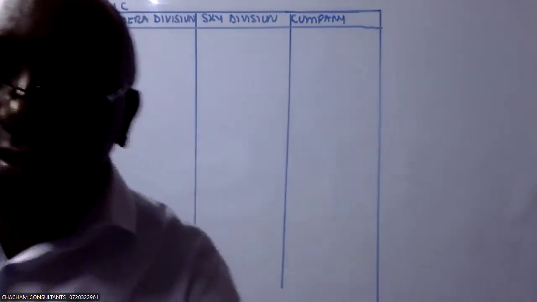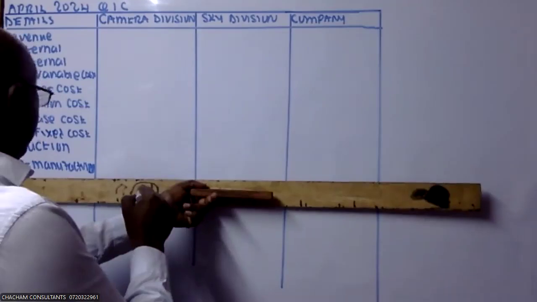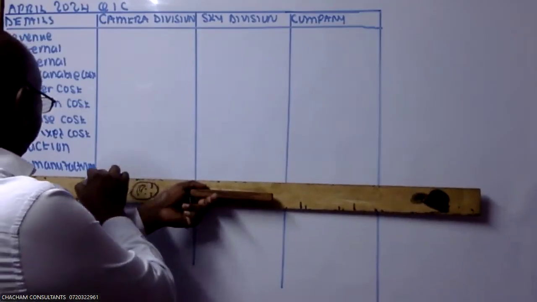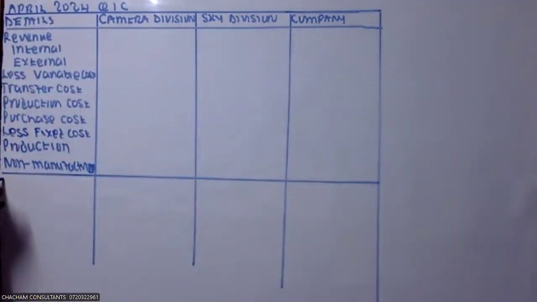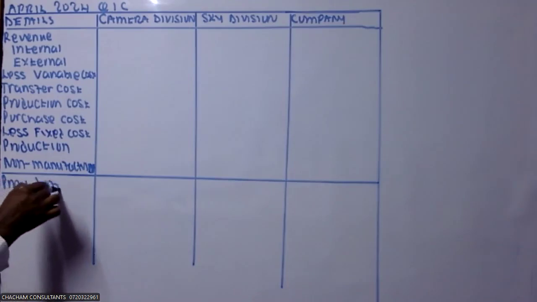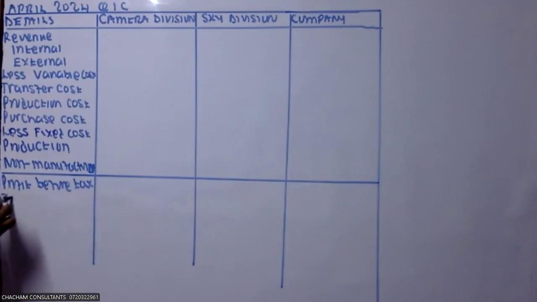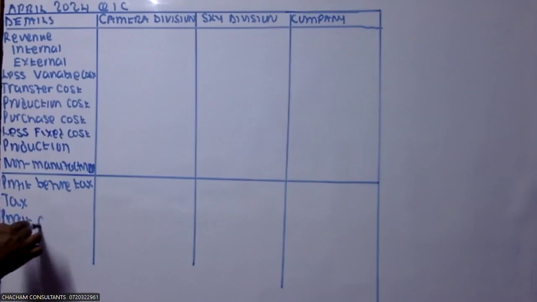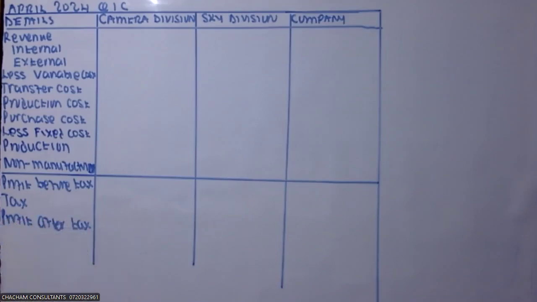So with that, we will be able to get our profit before tax, then we get tax, so that we now work with the profit after tax.